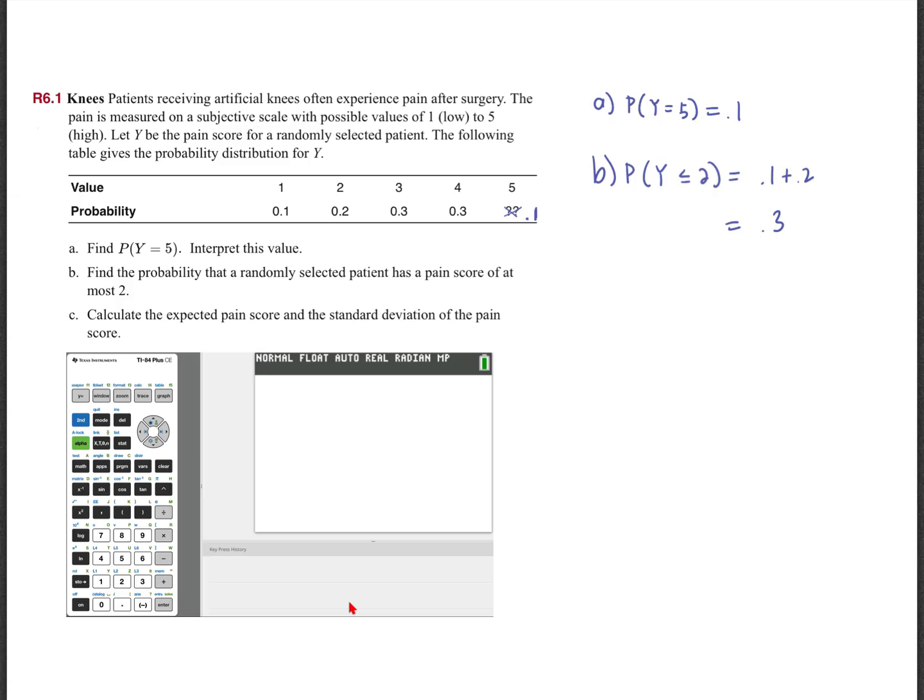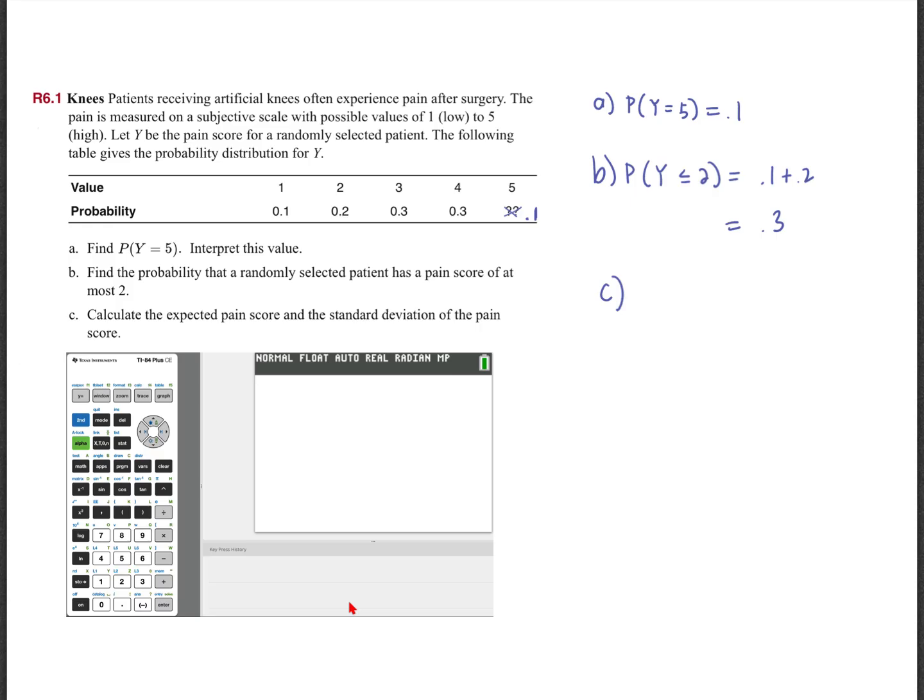The last one says calculate the expected pain score and the standard deviation of the pain score. You would use a calculator for that. We'll do the whole stat thing.